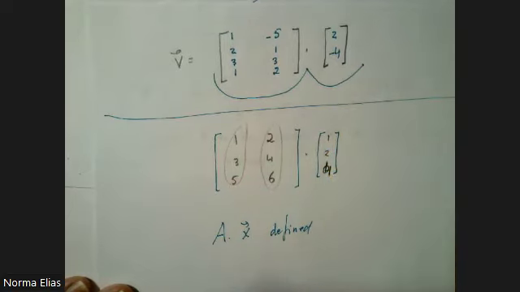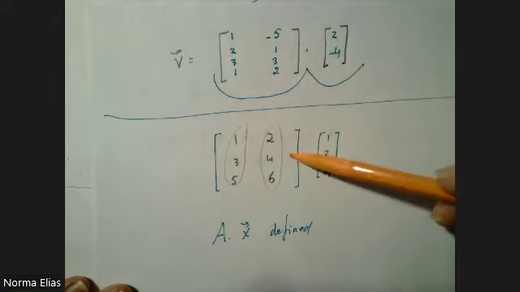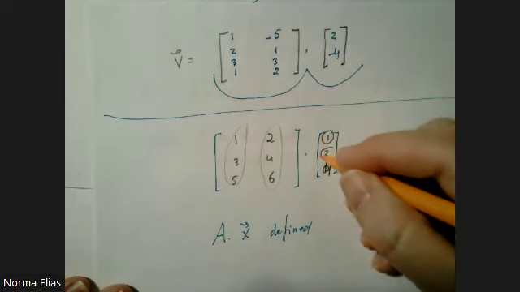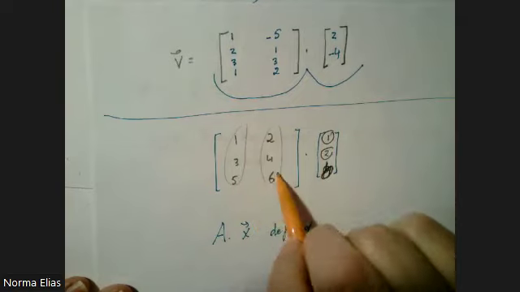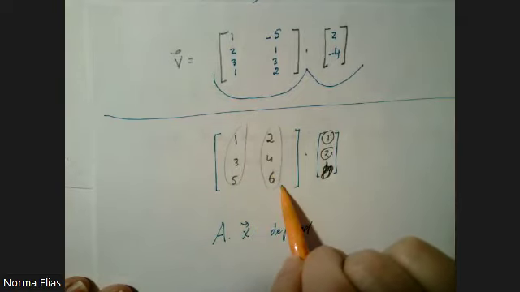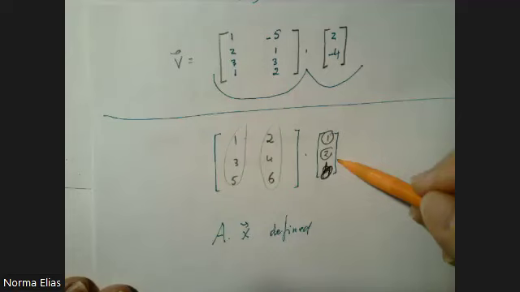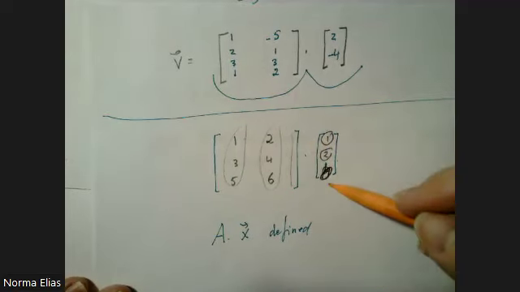Will this make sense according to our definition? Our definition is the linear combination of the column vectors. So the number of entries here should be exactly the number of vectors in the matrix. If I have 2 vectors, I should have 2 entries here. If I have 3 vectors, I need 3 entries here.